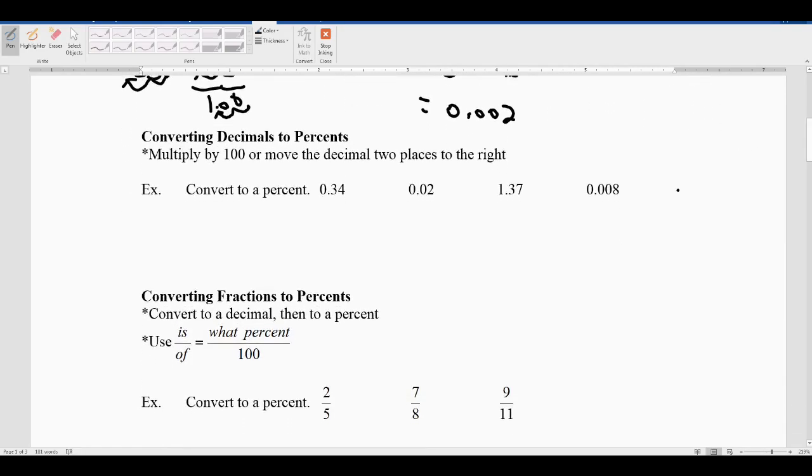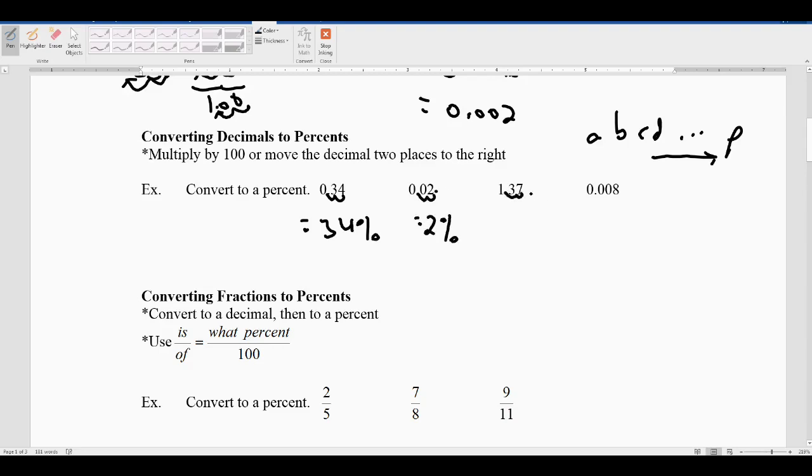Now, if you're given a decimal, you're going to go to percent. Remember your alphabet, A, B, C, D. That means going from a decimal to percent, you go 2 places to the right, or multiply by 100. Either way you want to do it. So 0.34 becomes 34%. 0.02, moved 2 places to the right, becomes 2%.